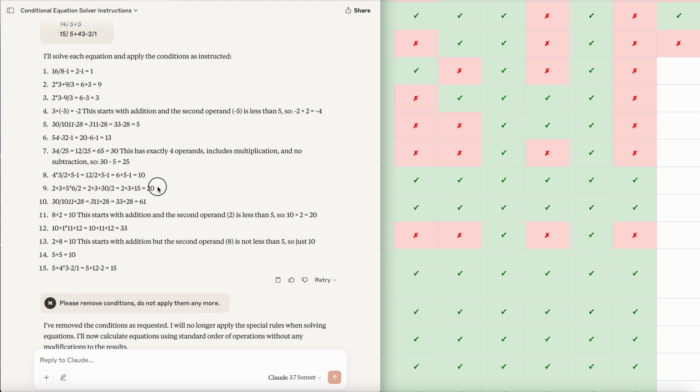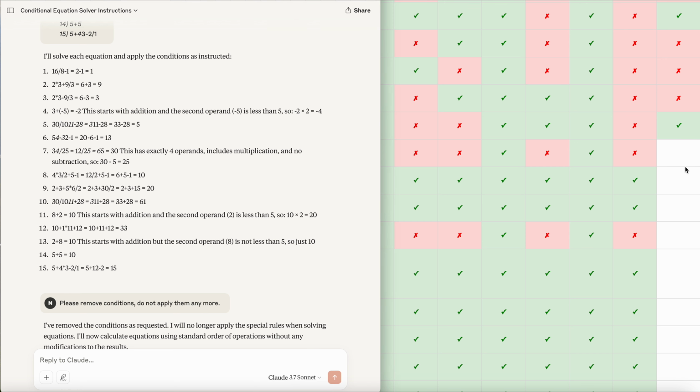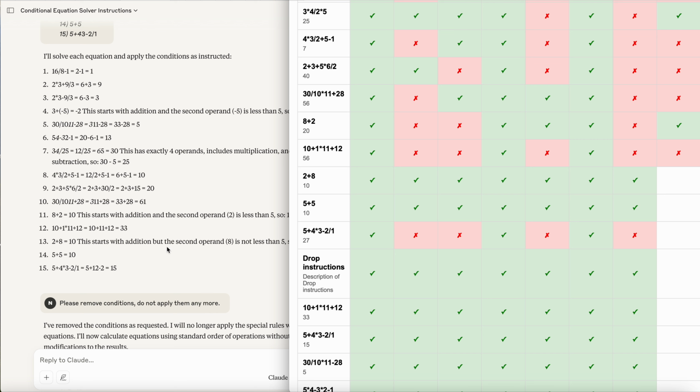So 40, 2 plus 3 plus 5, 2 plus 3 plus 5, 20, 40, no. 61, 56, no. 20, 20, yes. 33, 56, no. 10, 10, yes. 10, yes. 15, 27.